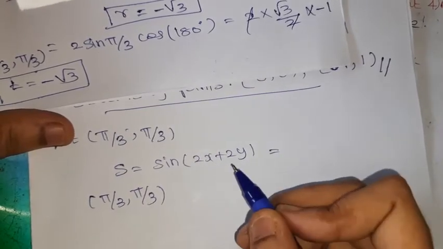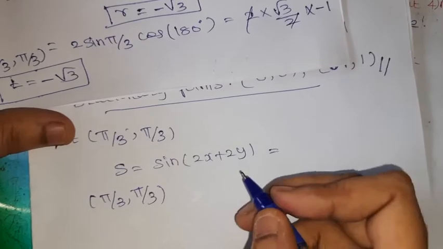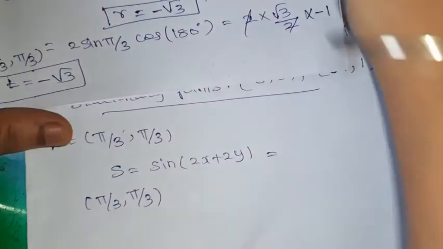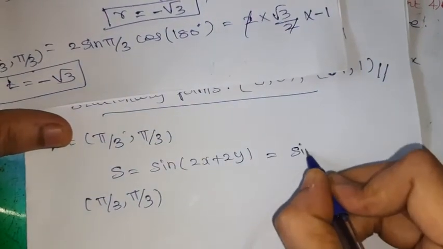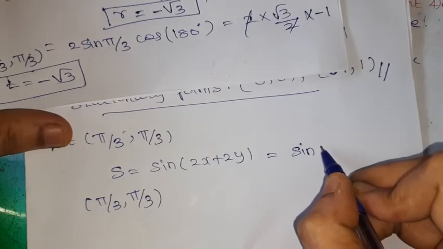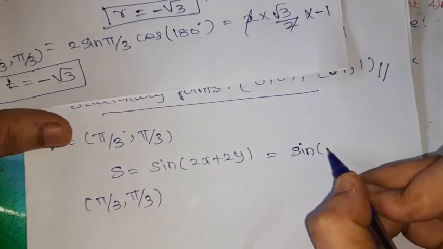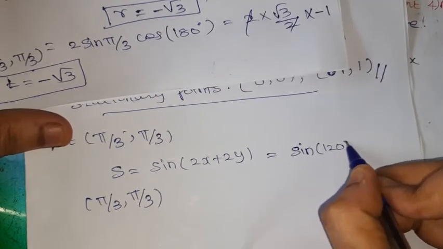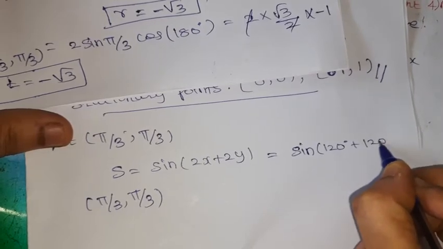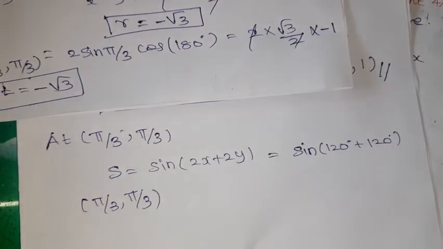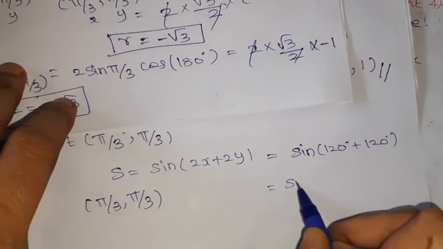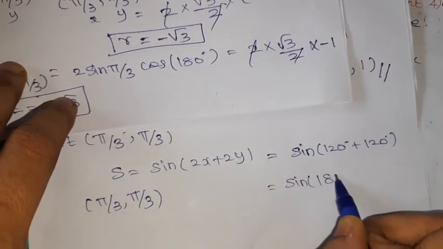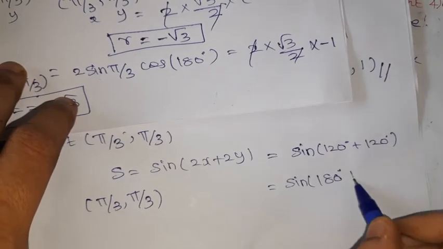Sine 2 into pi by 3, what will we get? The same thing. See, sine 120 degree plus 2 into 60, 120 degree. This is 240 degree. Sine of 240 degree, how can we write? Sine of 180 plus 60 degree.